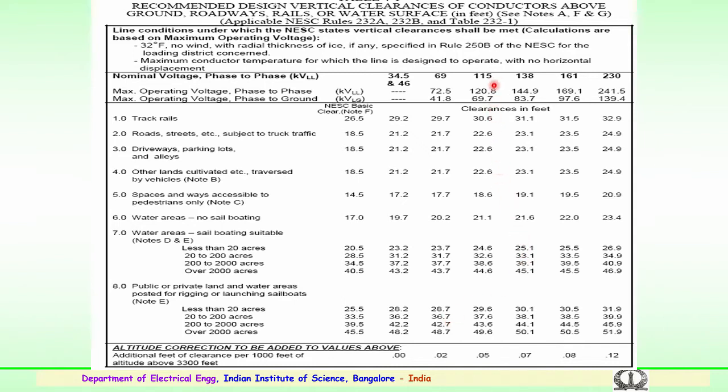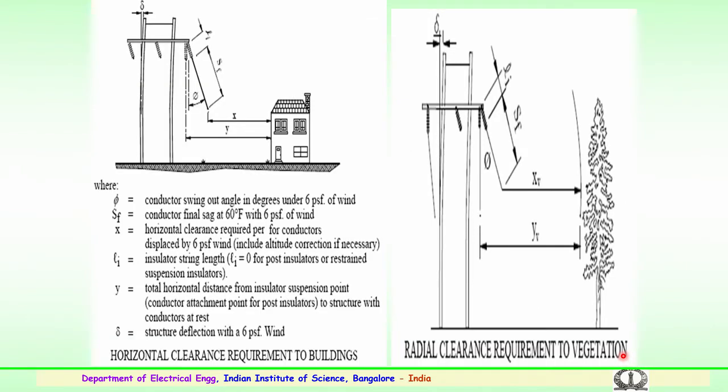So, for 132 kV, 160 and 230 and so on, the clearances are clearly specified by the National Electrical Code or the Indian Electricity Rules wherever the towers are being erected, either distribution or transmission. These clearances have to be added for proper clearance, and no accidents could occur if the rules are adhered to.